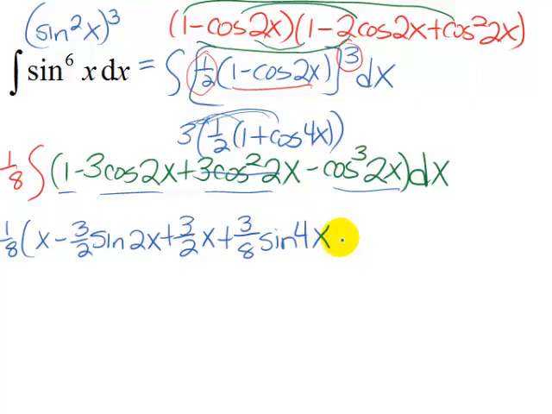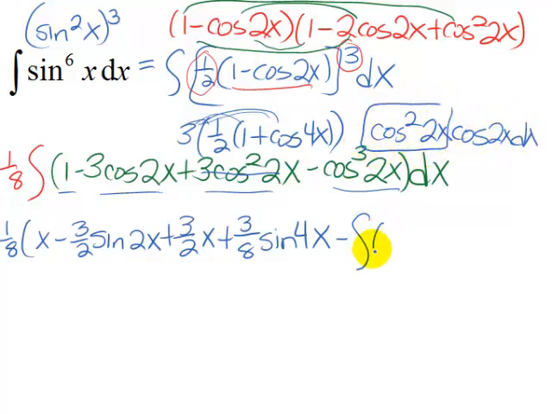And then we have minus the integral of, this was a cosine squared 2x and a cosine 2x dx when we split it up, so we can replace this with 1 minus sine squared 2x and then cosine 2x dx.